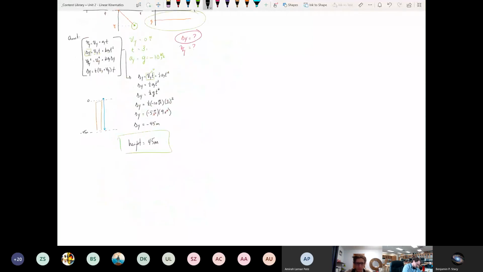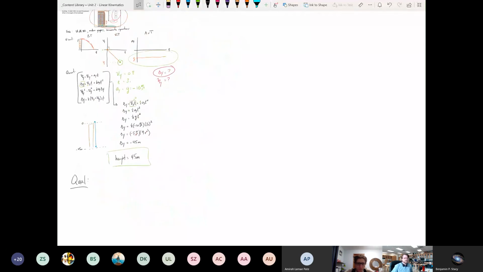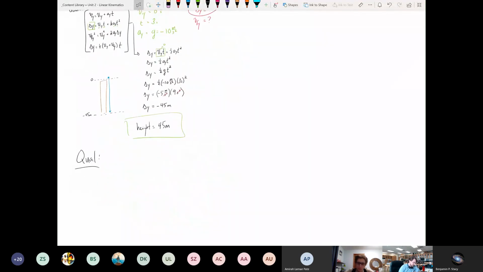The qualitative part, since we slightly updated that, is like explaining how we solved the problem in 3 to 5 sentences. All right, what did I do? So let me see. I could say, this is a free fall problem.